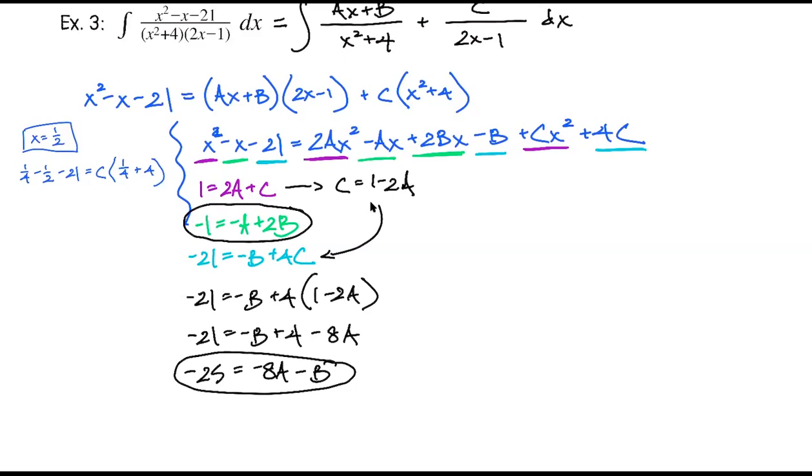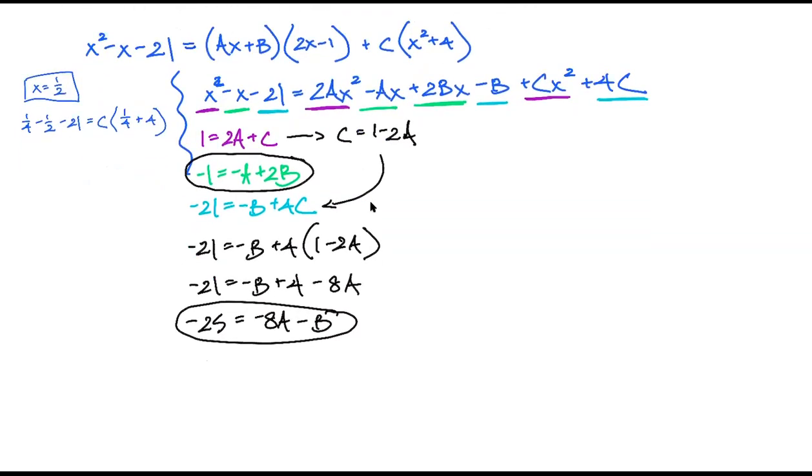So what I'm going to do is I'm going to take that green equation and I'm going to multiply it by a 2. So I'm going to get negative 2 equals negative 2a. Nope, that's not what I want to do. Multiply it by a negative 8. Sorry. So times negative 8.